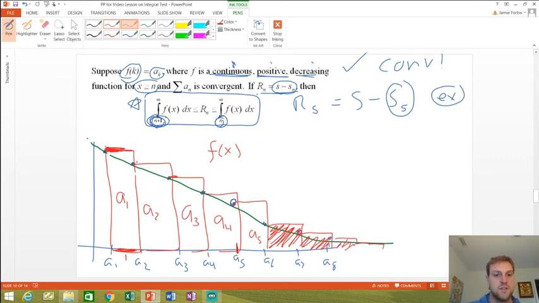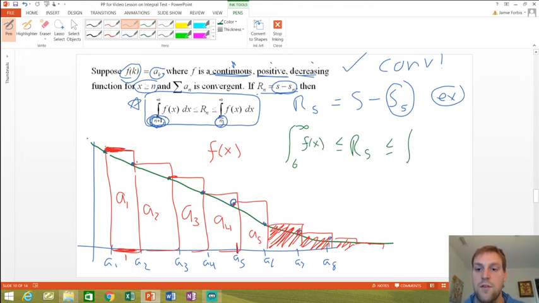What the remainder inequality says is that if I were to take, in this particular example, r of 5, that remainder is going to be between the integral from 6 to infinity of f of x and the integral from 5 to infinity of f of x, based off of this rule of thumb up here.